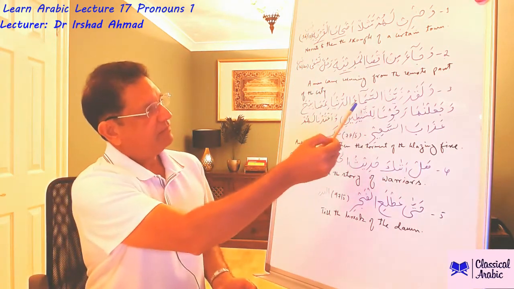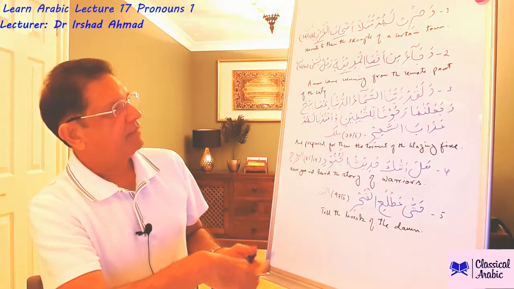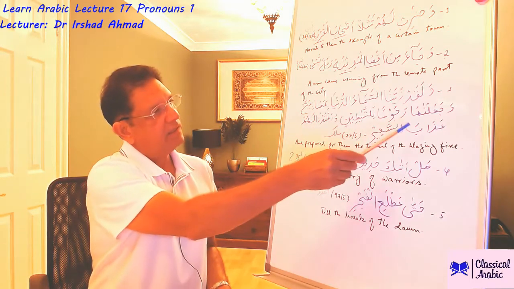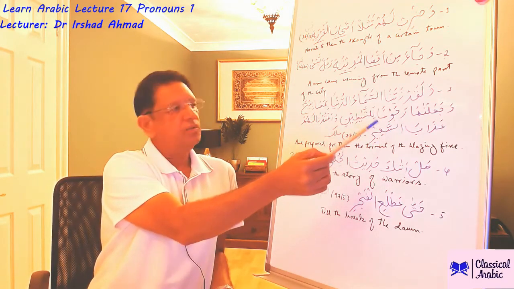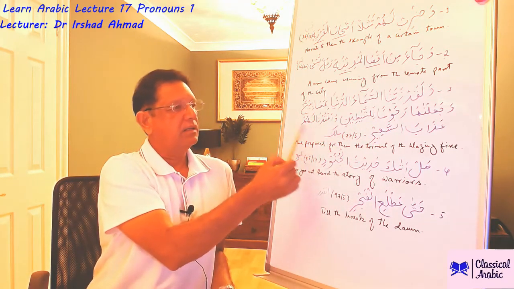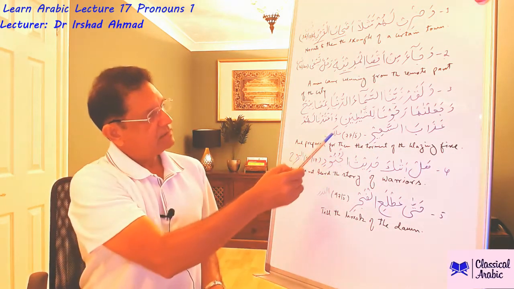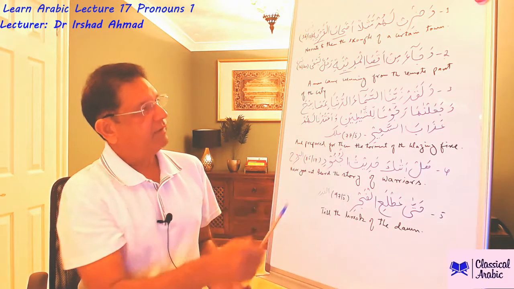This ayah we have looked at part of it. وَلَقَدْ زَيَّنَّا السَّمَاءَ الدُّنْيَا بِمَصَابِيحَ وَجَعَلْنَاهَا رُجُومًا لِلشَّيَاطِينِ وَأَعْتَدْنَا لَهُمْ عَذَابَ السَّعِيرِ. This is Surah Mulk, ayah number 5.